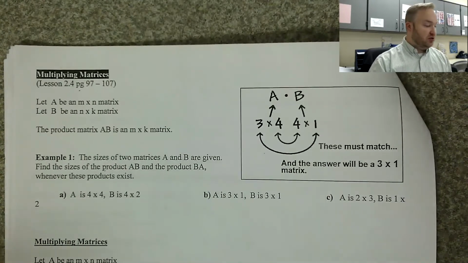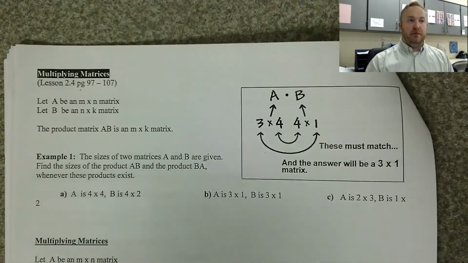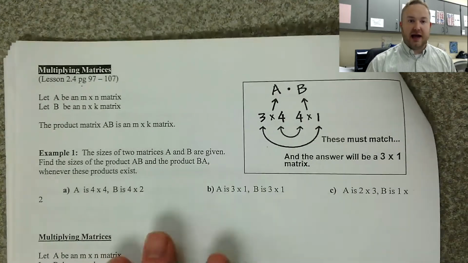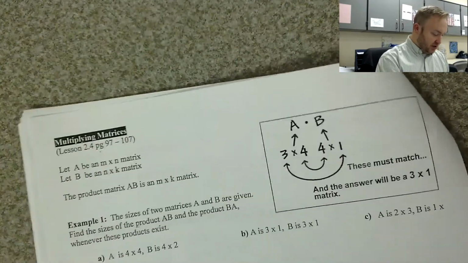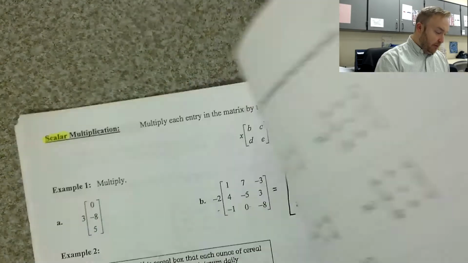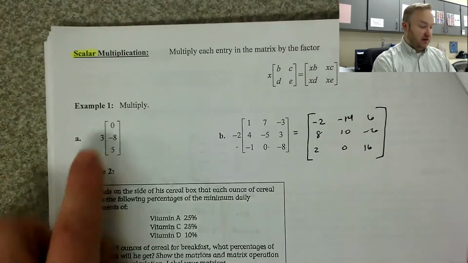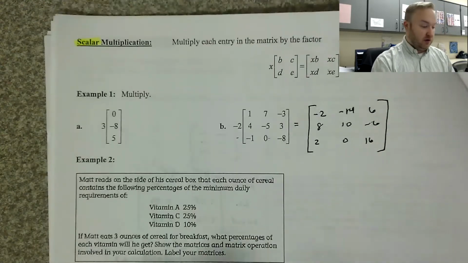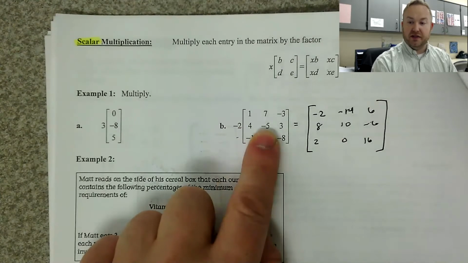Now I want to contrast this with scalar multiplication. What we're talking about here is not scalar multiplication. Remember that scalar multiplication meant multiplying a matrix by a scalar. A scalar could be the number 3 or the number -2. Remember, in this case, we just multiplied all these numbers by -2.